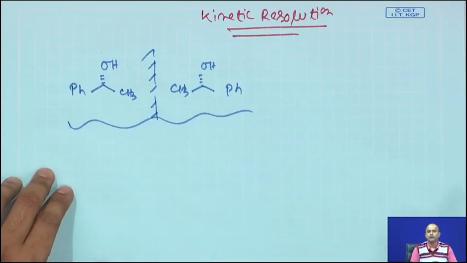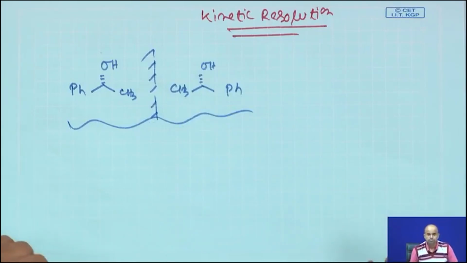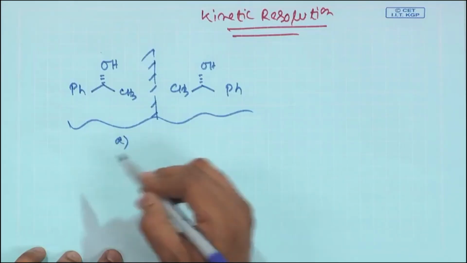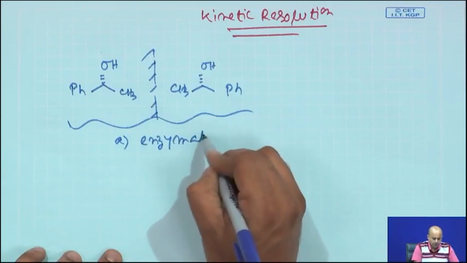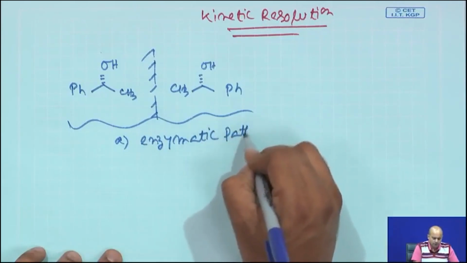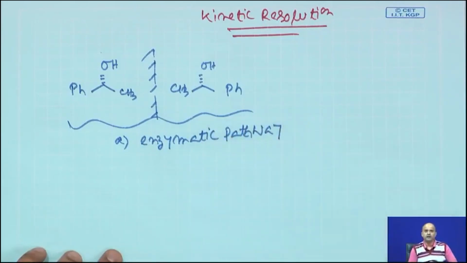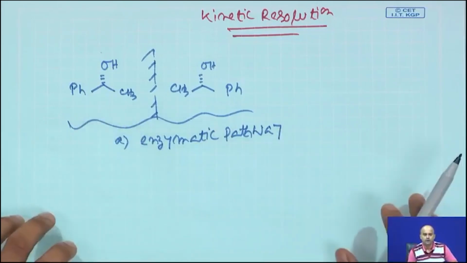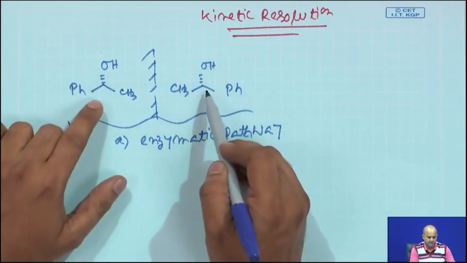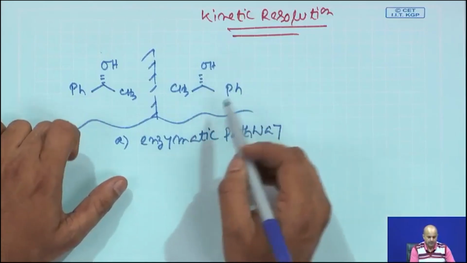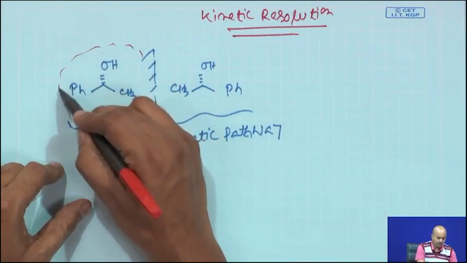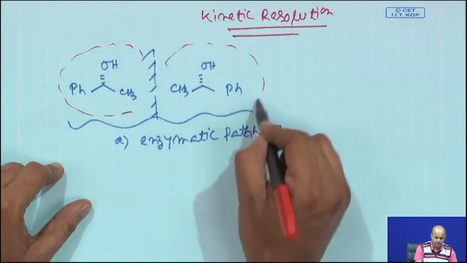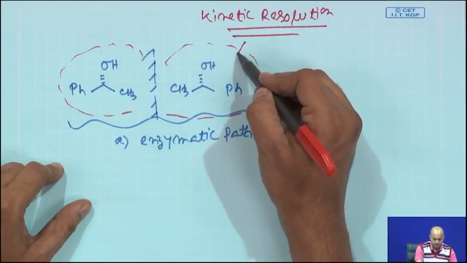There are many ways we can do the kinetic resolution. Probably the best way people are now using is an enzymatic pathway. Initially, if you follow the kinetic resolution strategy, we said that these enantiomers have similar functional group attachment except the stereo orientation in space. Now, if we create a chiral environment around both the enantiomers, like you put some extra groups.